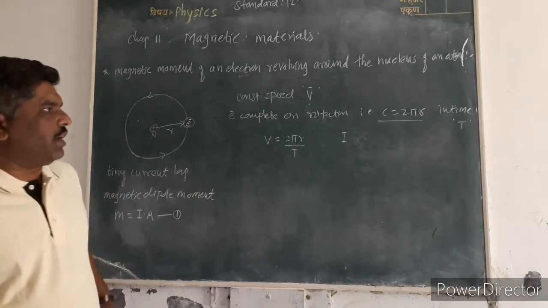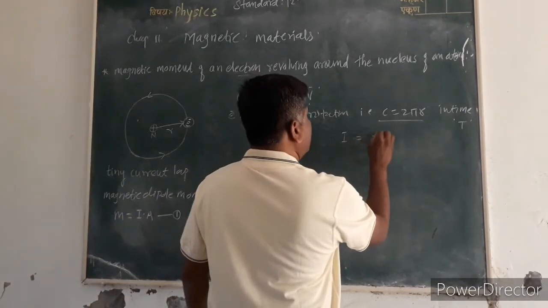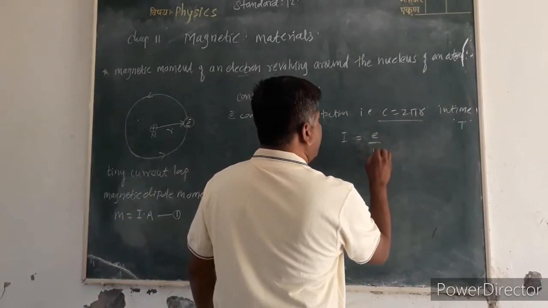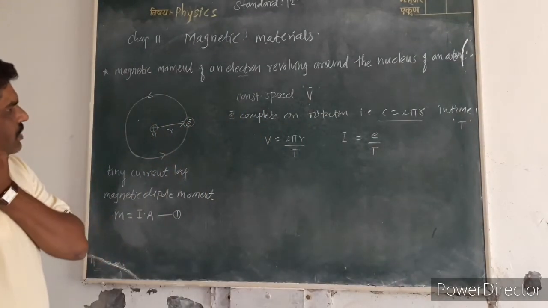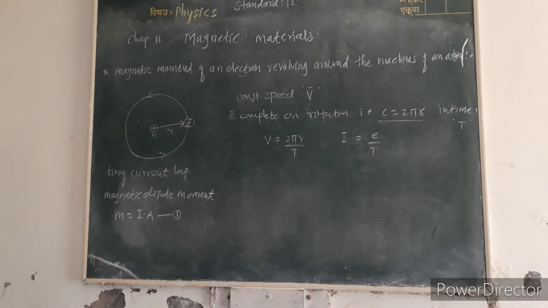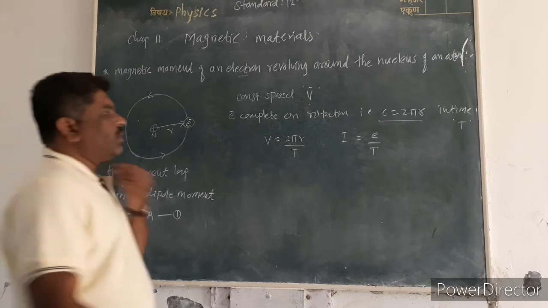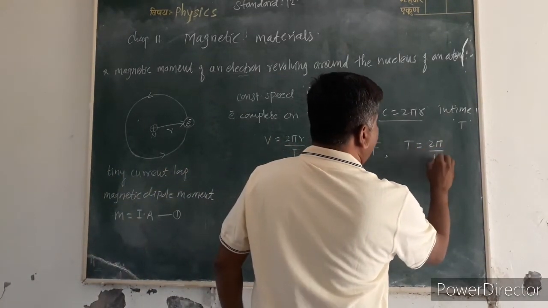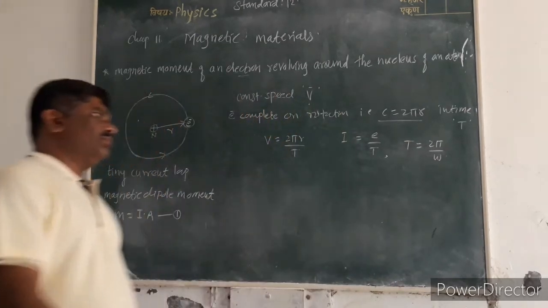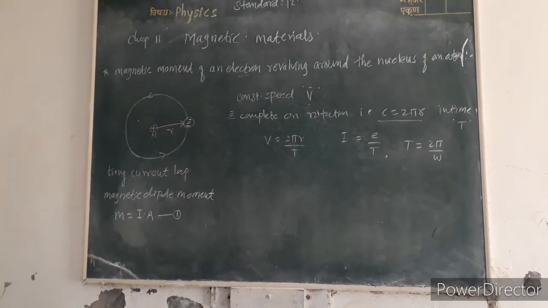The equation of electric current is I is equal to e upon T, where e means charge and T means time. This is the definition of current. Also, the period T is equal to 2 pi upon omega.